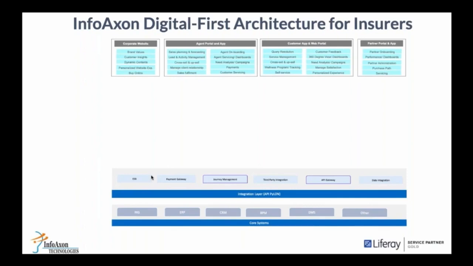Then you do journey management. So when you are having an omni-channel experience and, let's say, a purchase journey for a customer is starting from the point that he has specified his basic parameters, saying I'm looking for insurance for my family, etc., and he drops off in the middle. So you need to manage those drop-offs.